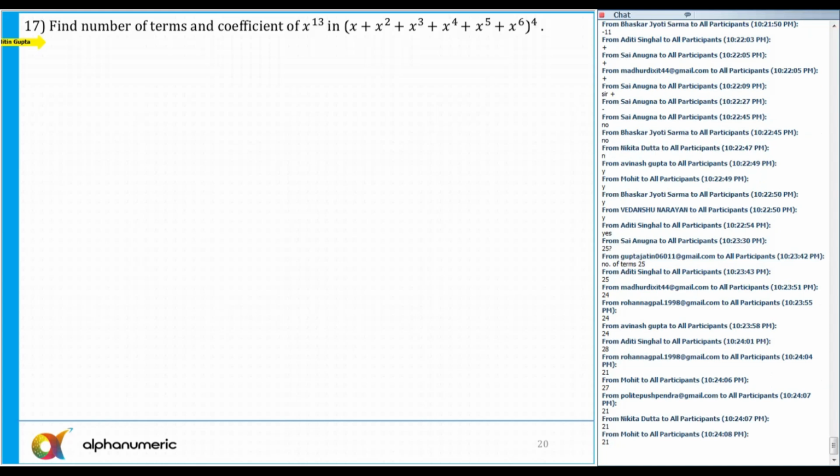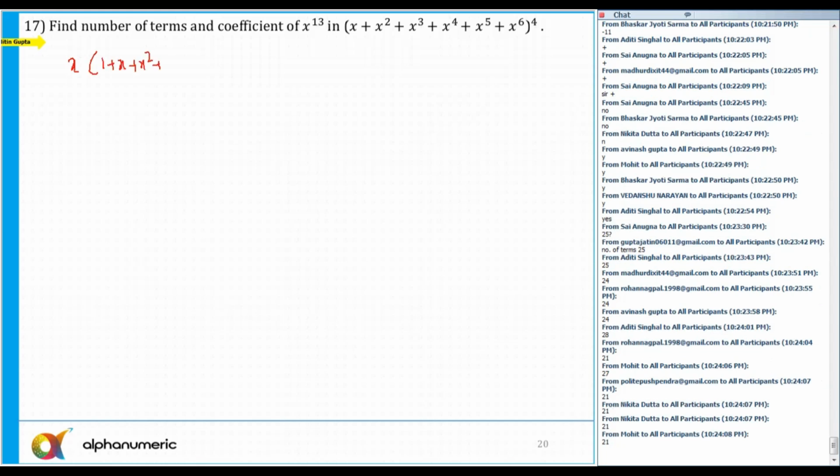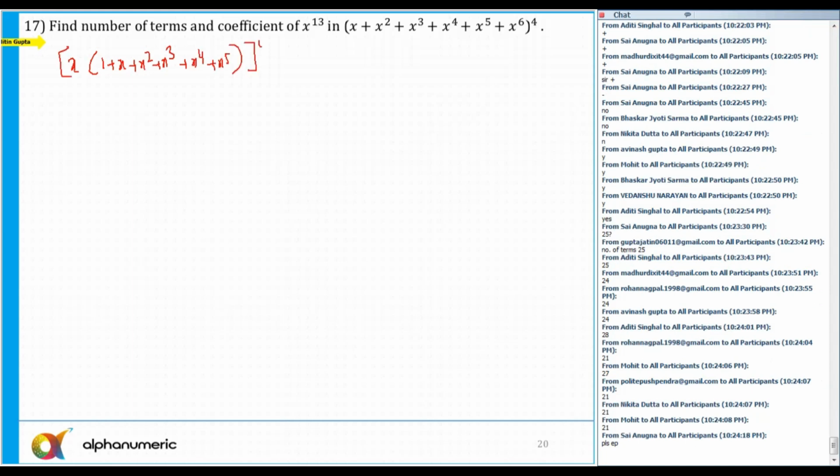I'll write down. If you take out x as common here, I'll take x as common into 1 plus x square plus x cube plus x raised to power 4 plus x raised to power 5, all raised to power 4. So this is x raised to power 4 into (1 plus x square and up till x raised to power 5) raised to power 4.